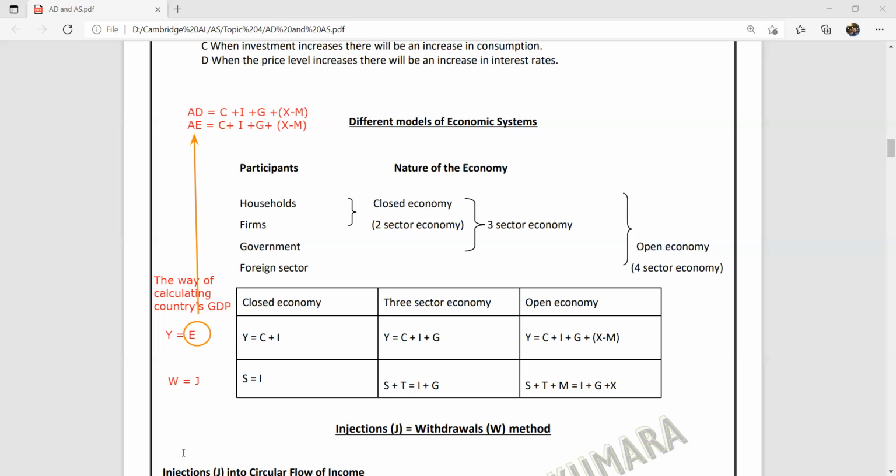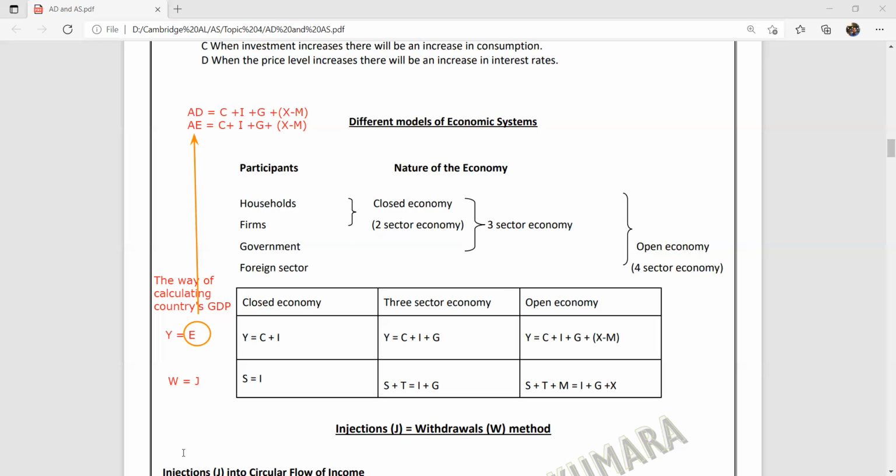That's how every person behaves, rational behavior. So imagine 20,000 is kept for the future. If you save in such a way, that amount cannot be used to purchase goods and services. It is called saving as well as withdrawal. Withdrawal means such an amount is now gone, simply not used to buy goods and services.